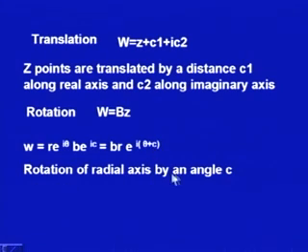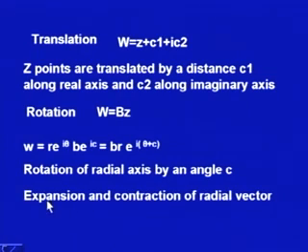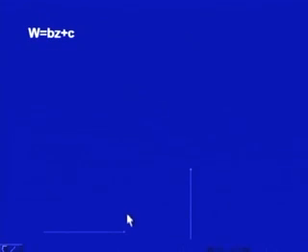Rotation of the radial axis by an angle c will occur under this transformation, and the radial vector becomes Br. It will be expanded or contracted depending upon the magnitude of B. If B is greater than 1, then R will be greater than r, so it is expansion, and if B is less than 1, then R will be contracted.